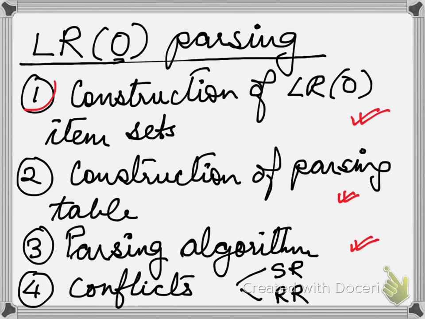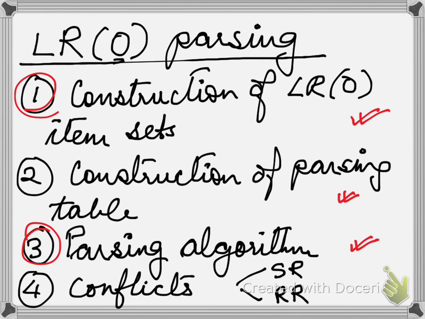In fact, the first and third are exactly the same, and the construction of the parsing table is just slightly different. There's a very slight difference between the parsing table construction in LR0 and SLR1. That is why the LR0 parsing we have done is not totally useless, because we are going to use it in our SLR parser.